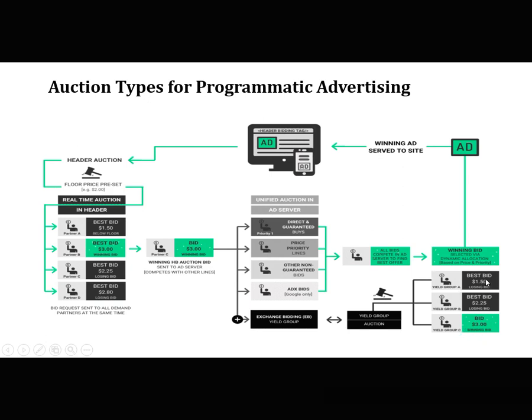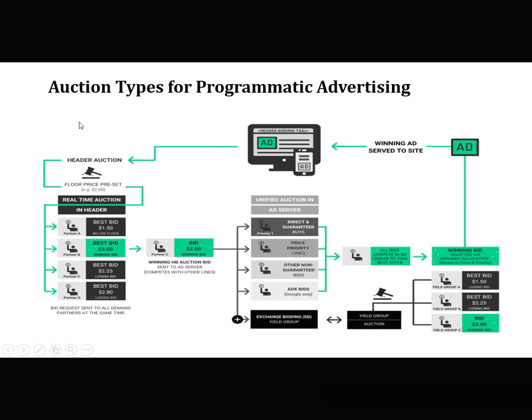which is a header bidding bid here, like the yield group has placed a bid of $1.50. The second bid is 2.25, but the third bid is from partner C, which is coming through header bidding, at $3. So it is the winner, and their ad is getting shown on the site, which has the header bidding tag.